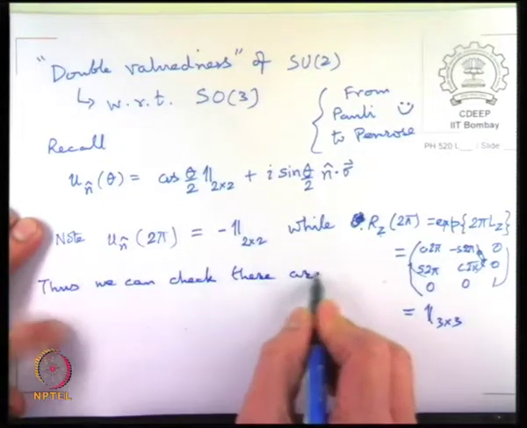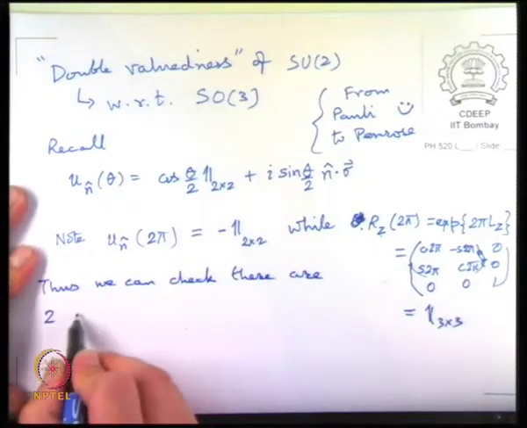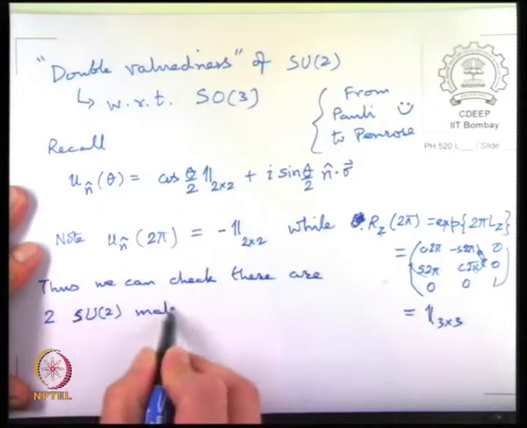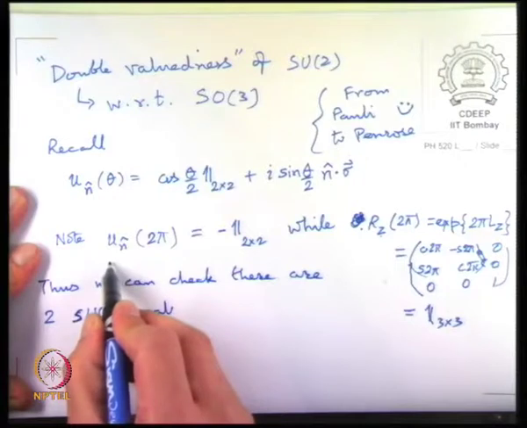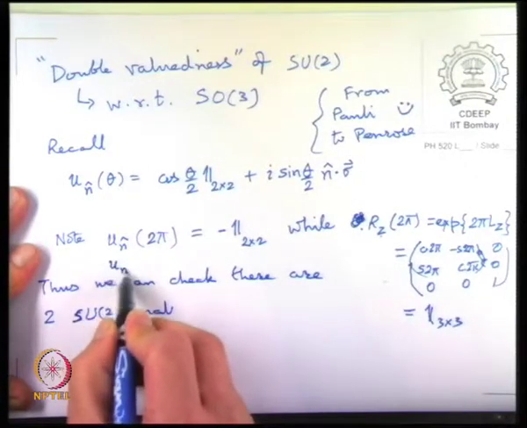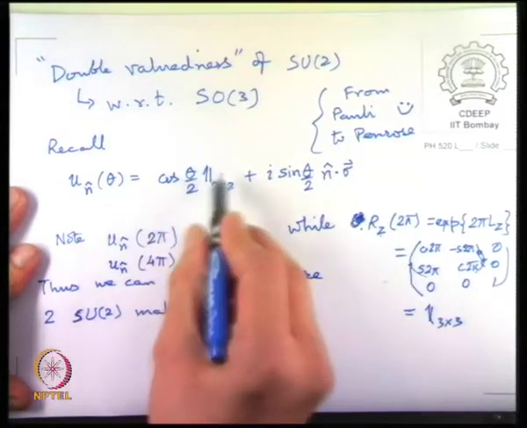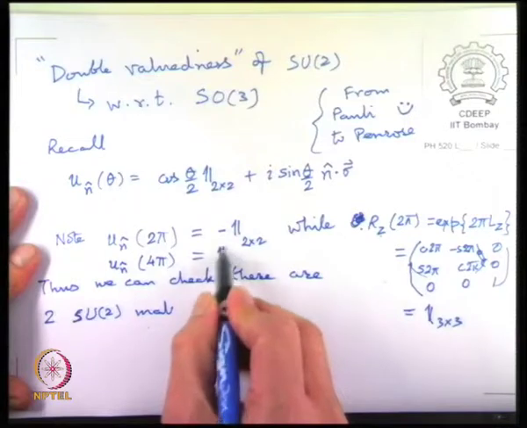There are two SU2 matrices. And of course, we know that U of n cap 4 pi would be equal to 1. If you put 4 pi, then you will get back identity.